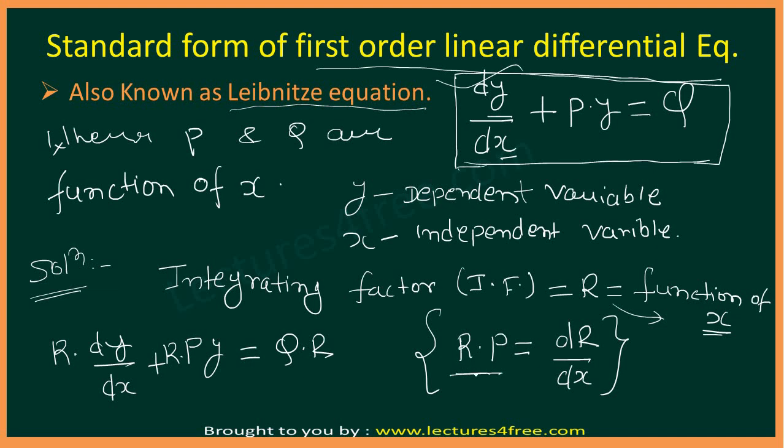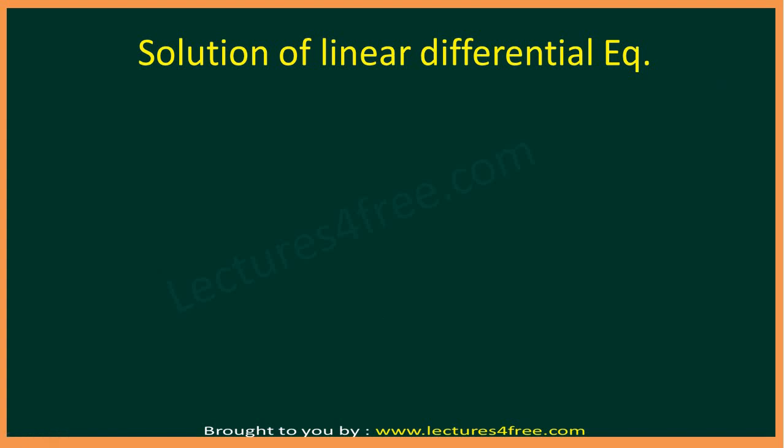First, let's assume R into P is equal to dR upon dx, and let's put this value of RP in this equation. Then you will get R into dy upon dx plus, instead of RP, put the value of dR upon dx.